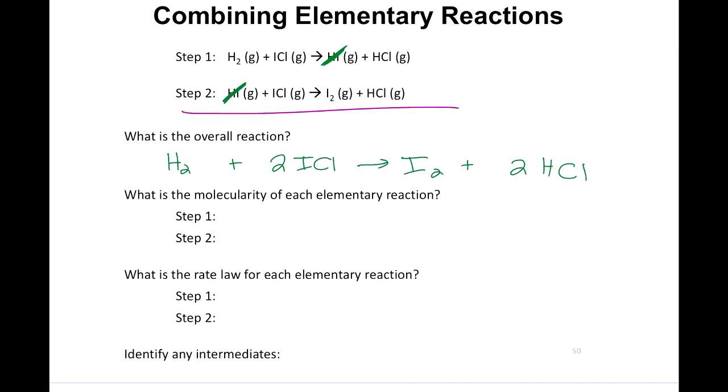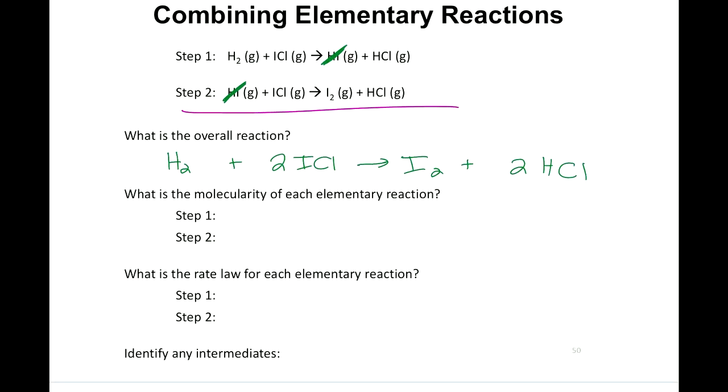That's the overall reaction. What is the molecularity of each step? We just count the number of particles involved in each of those collisions. Step 1 has how many particles? Two things are combining. And step 2 is also bimolecular. Two particles, so both of them are bimolecular, and that's common.